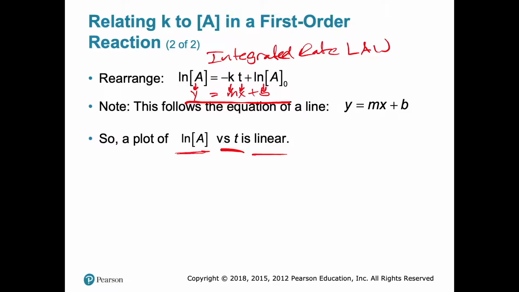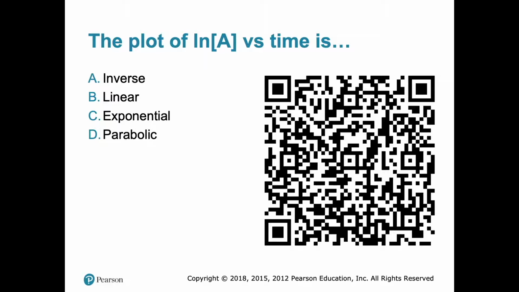If you were to take all the data you took on Monday, take the natural log of all that data, and plot it against the time for each data point, and it comes out as a straight line, it means your reaction is first order. Does that make sense? So in respect to first order reactions, the plot of ln A versus time is what?